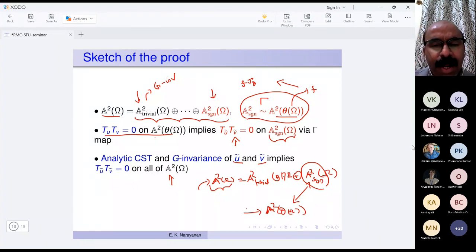And there are various improvements one can do, which I didn't talk about. One is you can look at a measure on omega or a weight on omega which is G invariant, and the same proof will go through with appropriate modification. And also, from whatever we have done, we are getting a relationship between Toeplitz operators on the quotient domain and the restriction of the Toeplitz operator to a certain subspace of the original domain, right?